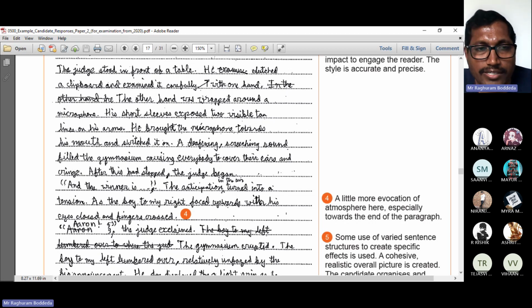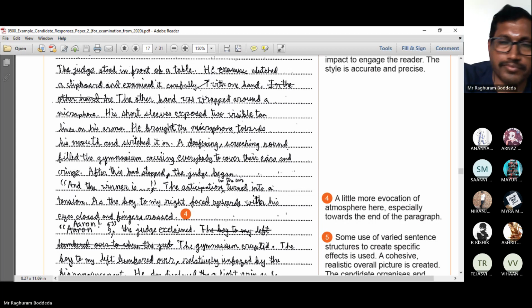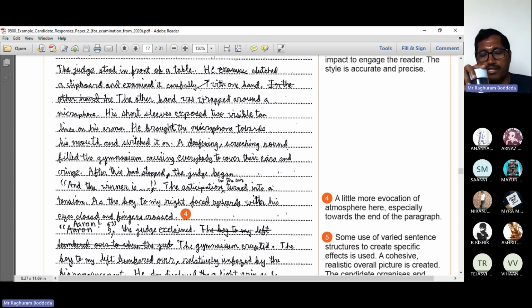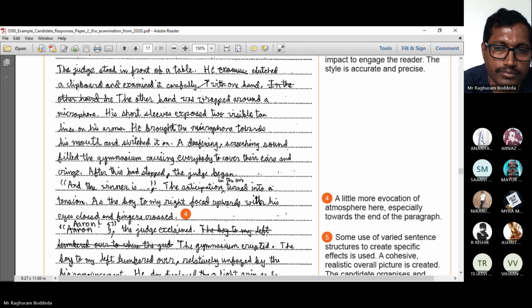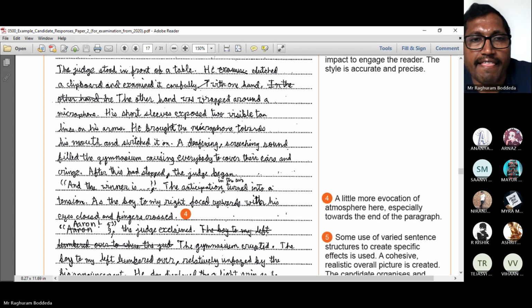Now, Vihan, tell me what you understand from this paragraph. So it was explaining the judge, and then explaining what happened in the gymnasium, like the tension. Even in the previous paragraphs, the two contestants' appearance, their personality, their attire, and all these things are described, right?